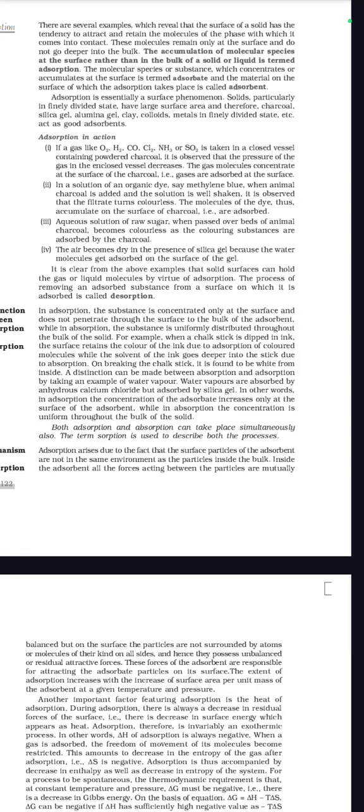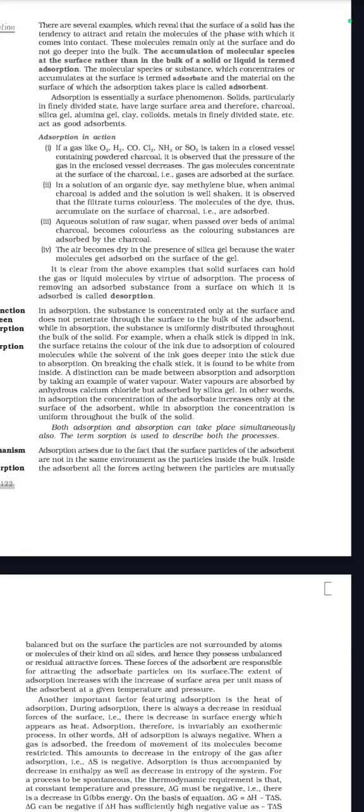A distinction can be made between absorption and adsorption by taking water vapor. Water vapors are absorbed by anhydrous calcium chloride but adsorbed by silica gel.